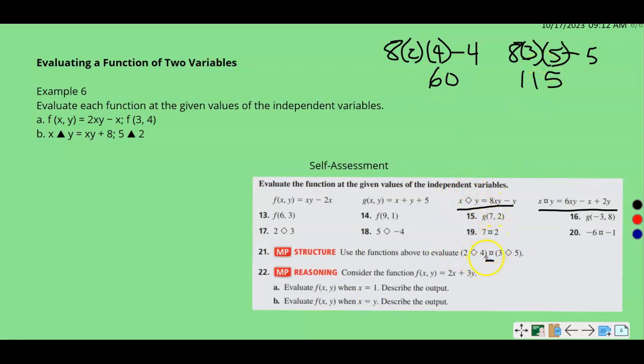Now I have to use this other symbol here. So I'm going to use this function now. Whatever this function is, I'm sure I can't draw this symbol, but I'm going to try. And now I have 60 and 115 as my input values. So I'm going to use this last function, 6 times x times y, minus x, and then plus 2y. x is now 60, y is 115.